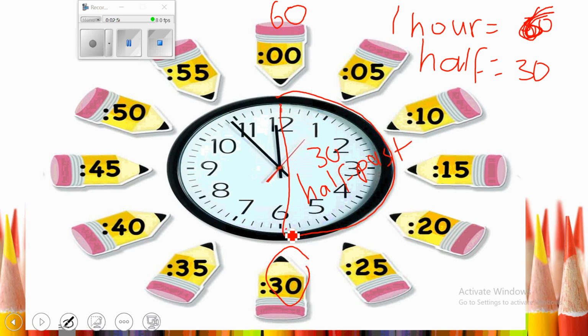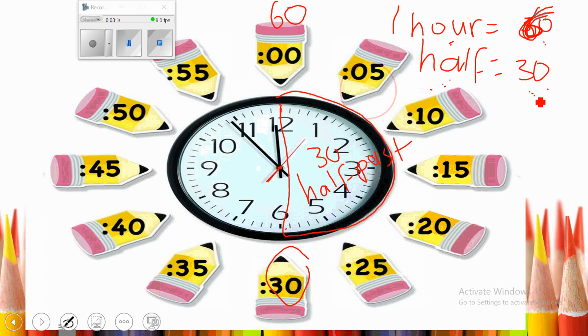Let's remember together: 1 hour is 60 minutes, half is 30.